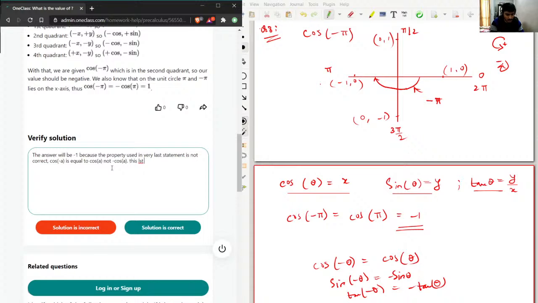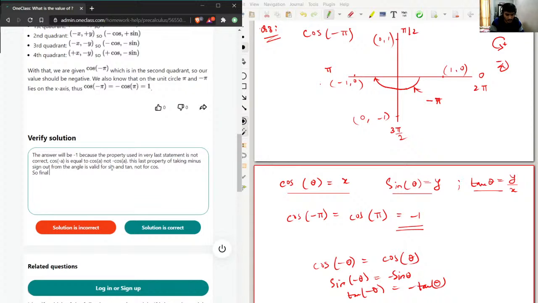The last property of taking the minus sign out from the angle is valid for sine and tan, not for cos.